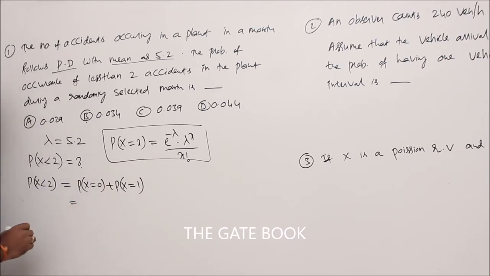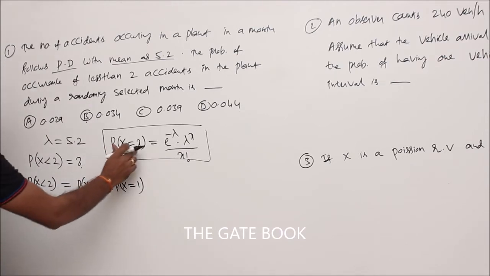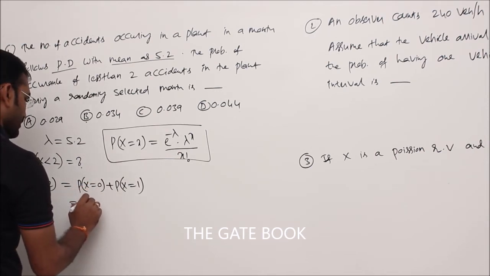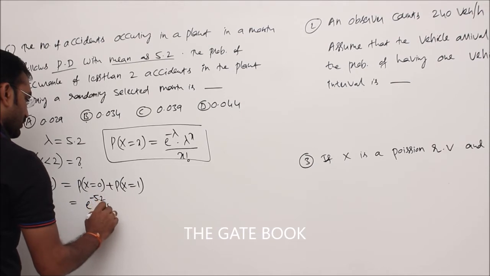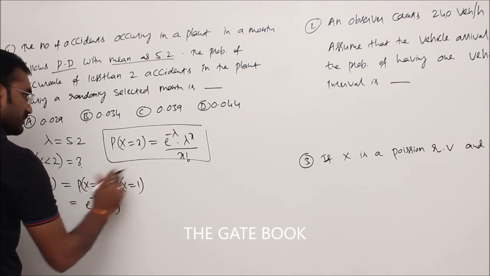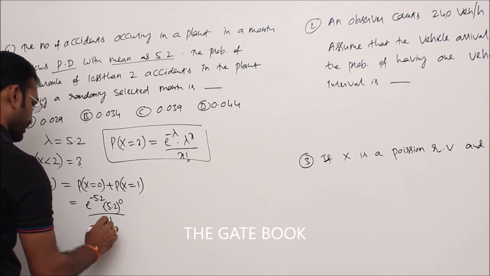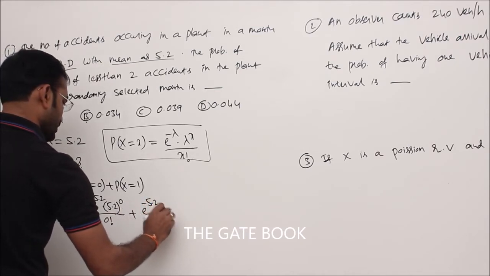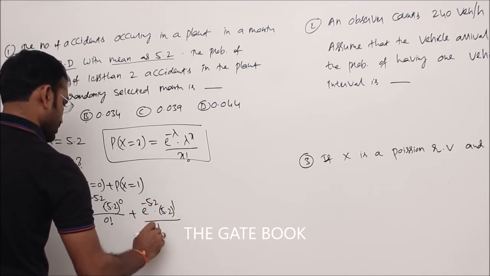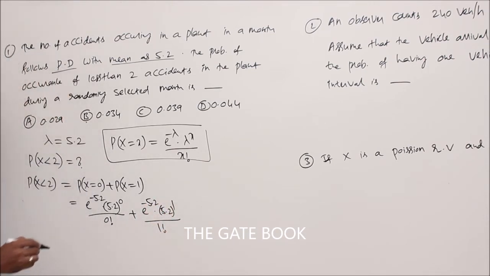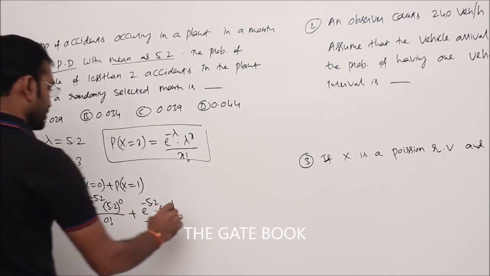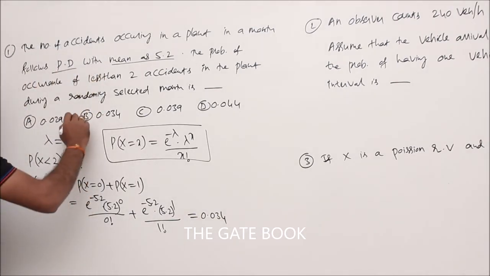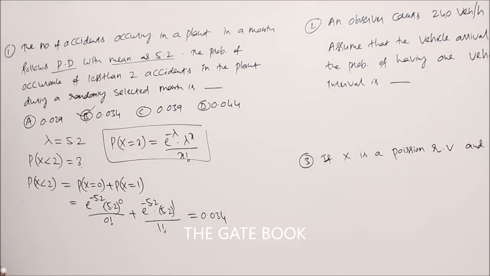Using the PMF of Poisson distribution, that is e power minus 5.2 whole power, here x value 0 by 0 factorial, plus e power minus 5.2 whole power 1 by 1 factorial. Simplifying this one, finally it gives 0.034. Option B is correct for this problem.